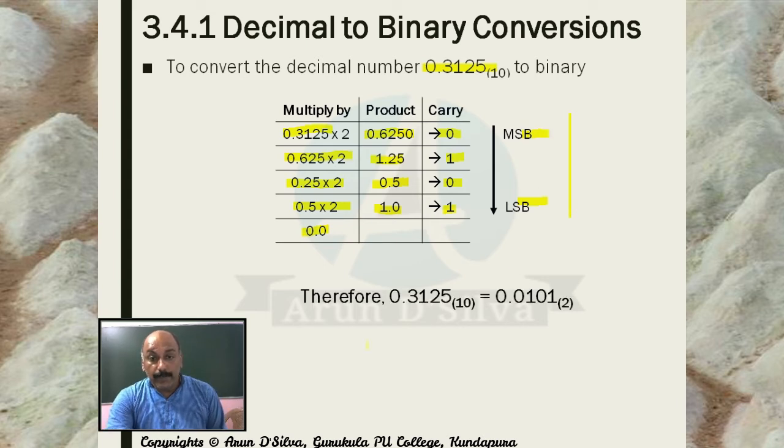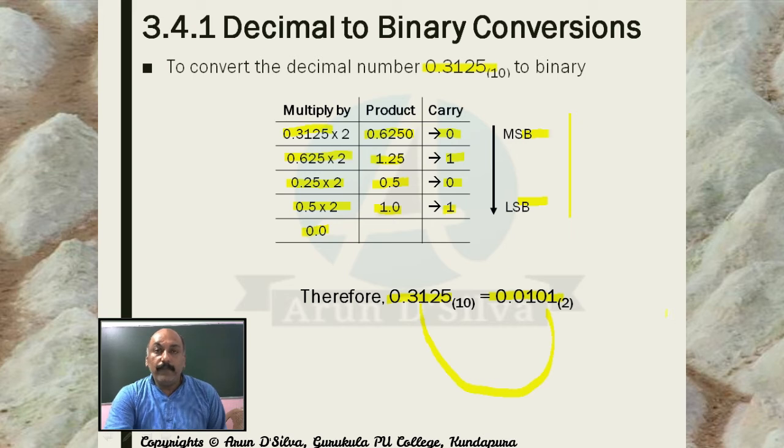So that becomes 0.3125 in decimal, and the binary equivalent is 0.0101. You understood? The decimal value is 0.3125. After converting, it becomes 0.0101 in the binary number system.